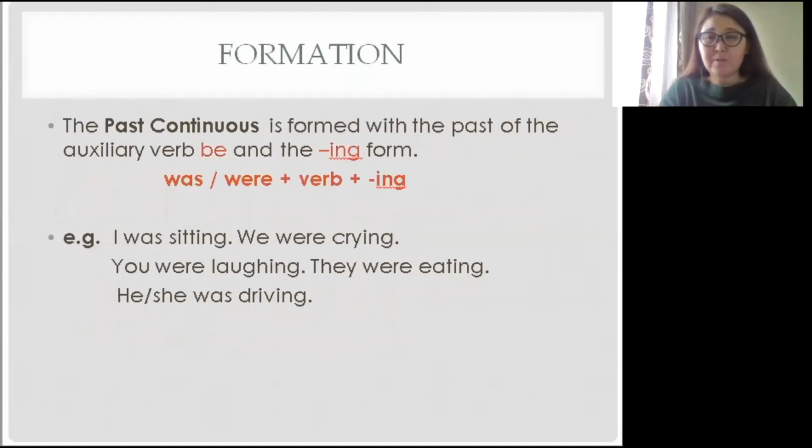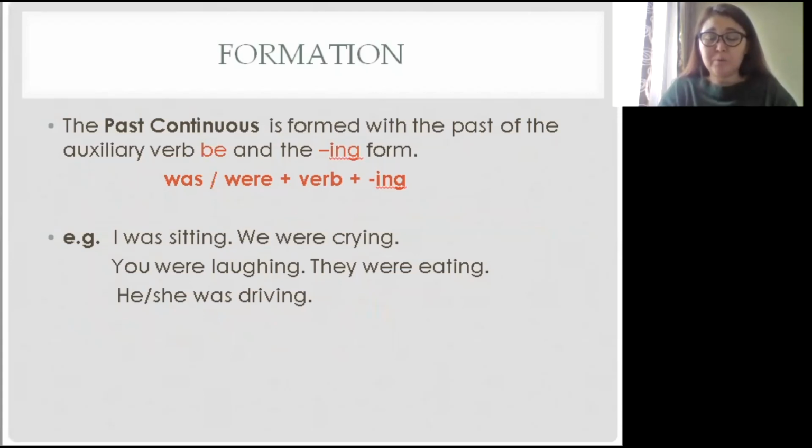Let's look at the formation of the past continuous. The past continuous is formed with the past of the auxiliary verb be and the ing form. So, was is the past form of the auxiliary verb be for singular, were for plural.